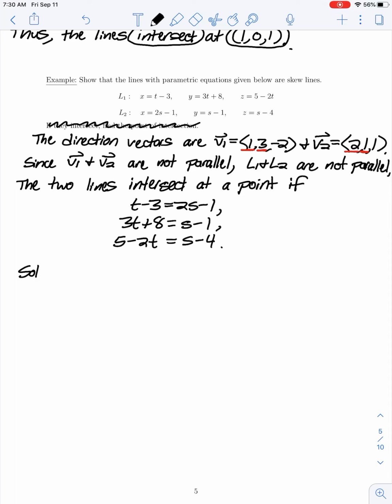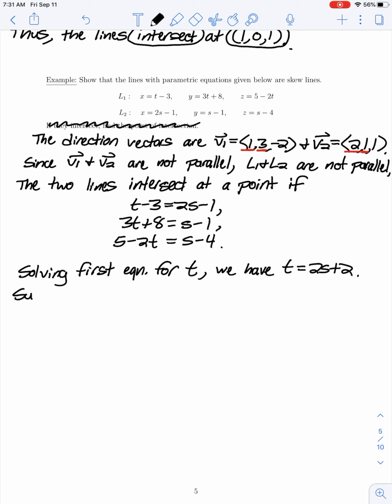So I'll mention here solving our first equation for t, we would have t is equal to 2s plus 2. If I take that first equation and add 3 to both sides, we get the following.